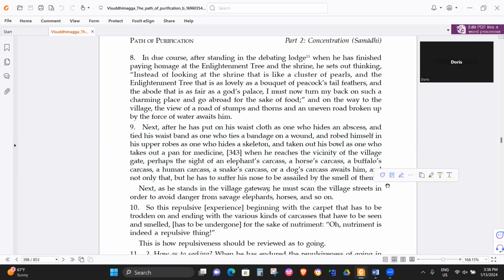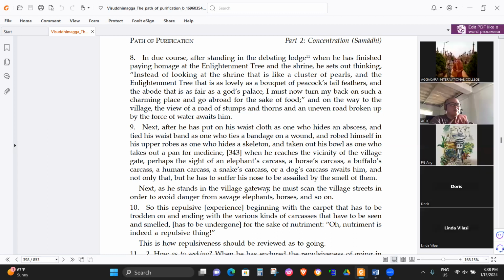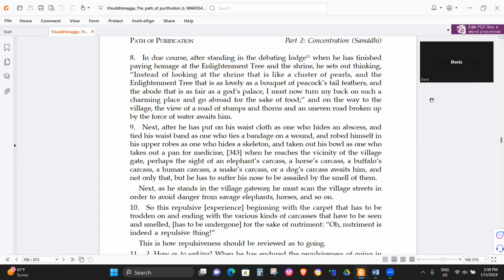Next, after he has put on his waist cloth as one who hides an abscess, and tied his waistband as one who ties a bandage on a wound, and robed himself in his upper robes as one who hides a skeleton, and taken out his bowl as one who takes out a pan for medicine.